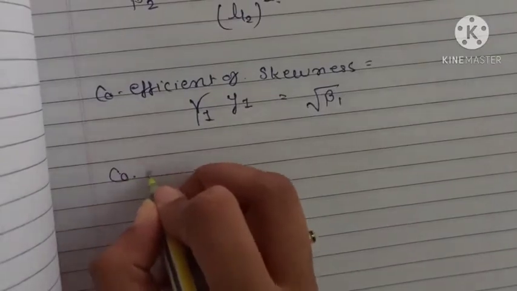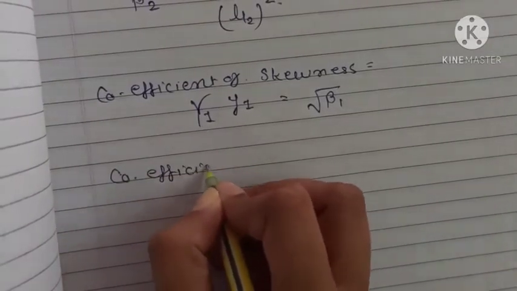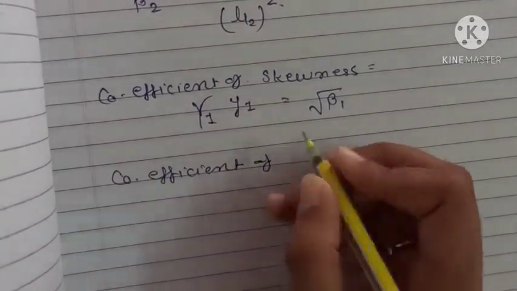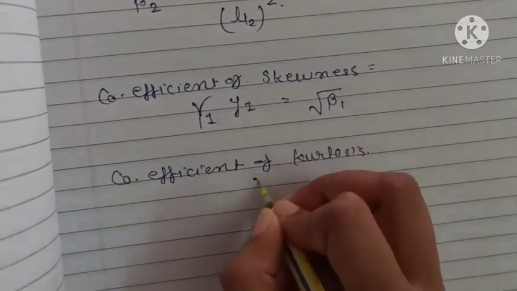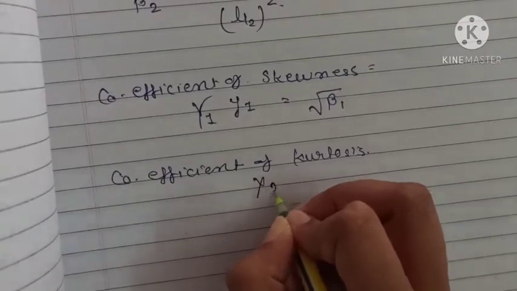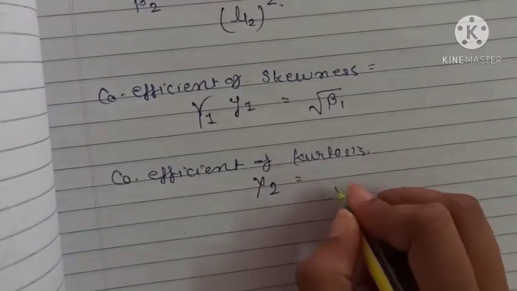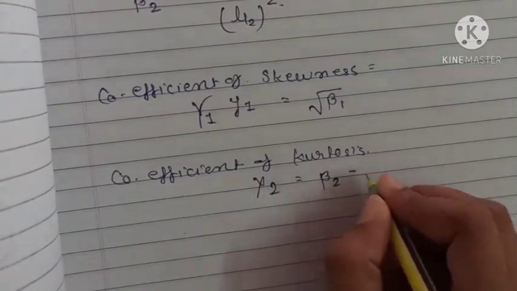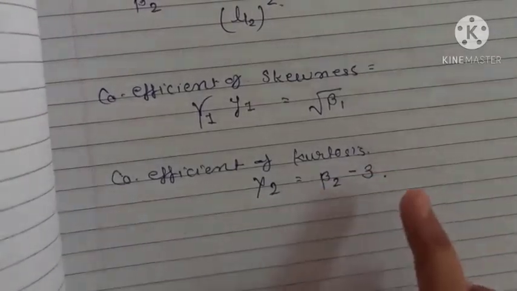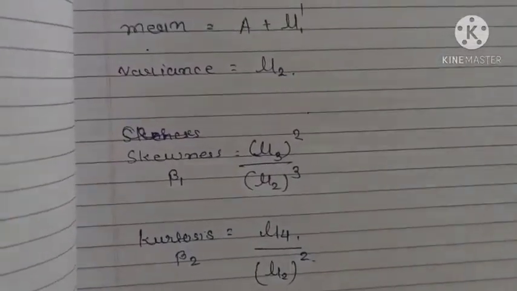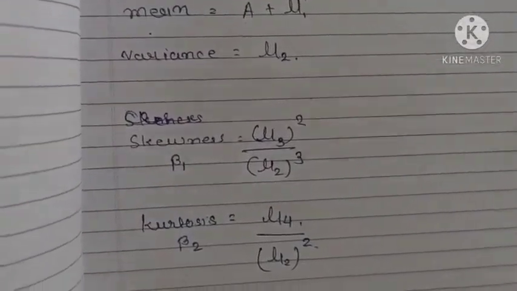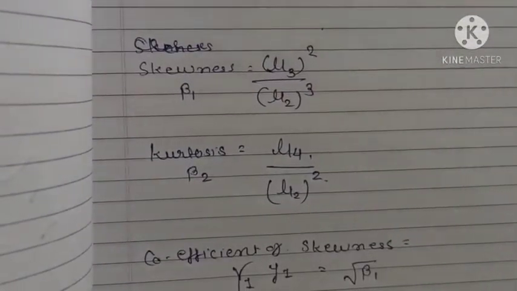Then the coefficient of kurtosis, gamma 2, is equal to beta 2 minus 3. So using these formulas, we can find out the mean, variance, skewness and kurtosis out of the moments, right?